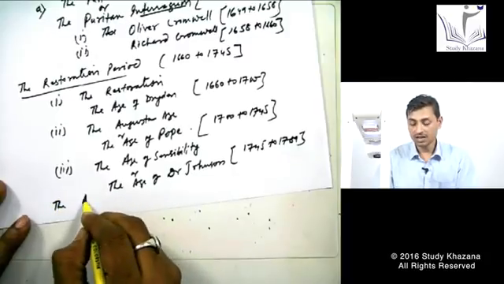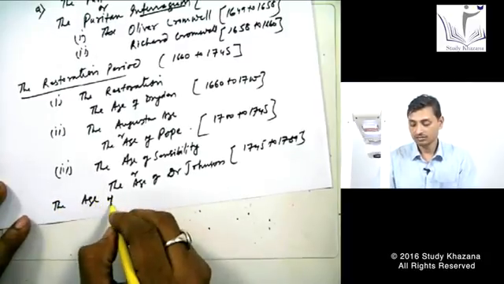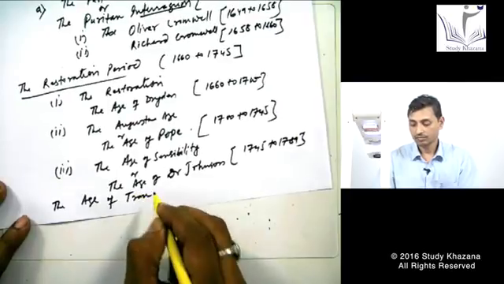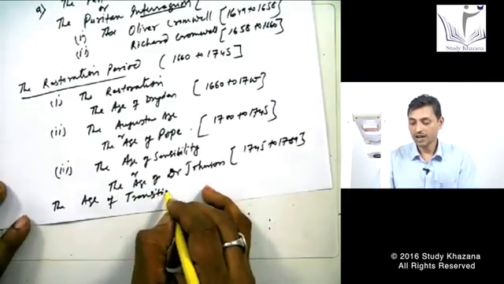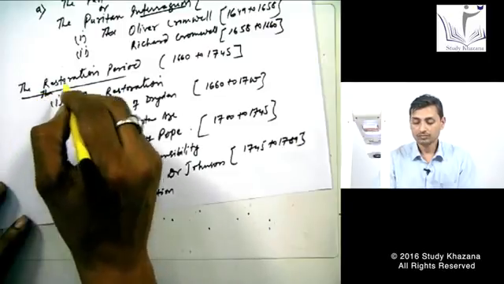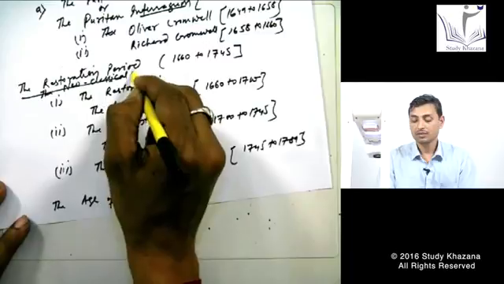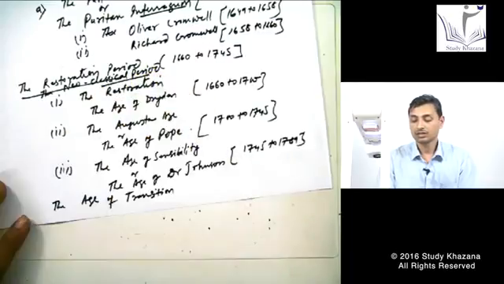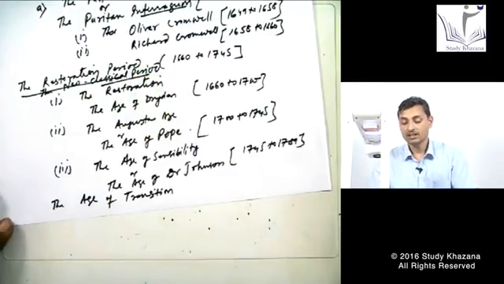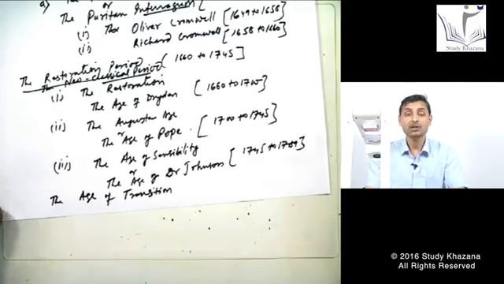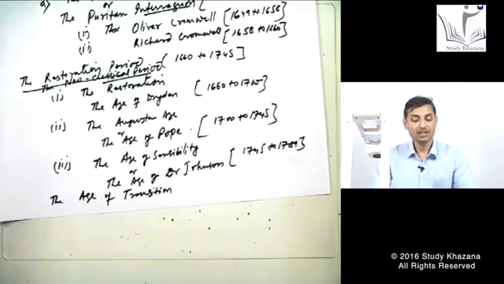there begins the age of transition. The age of transition. And this is known by the name of the neoclassical period. Why neoclassical? Because classicism was actually modified here, and therefore it came to be called neoclassicism.